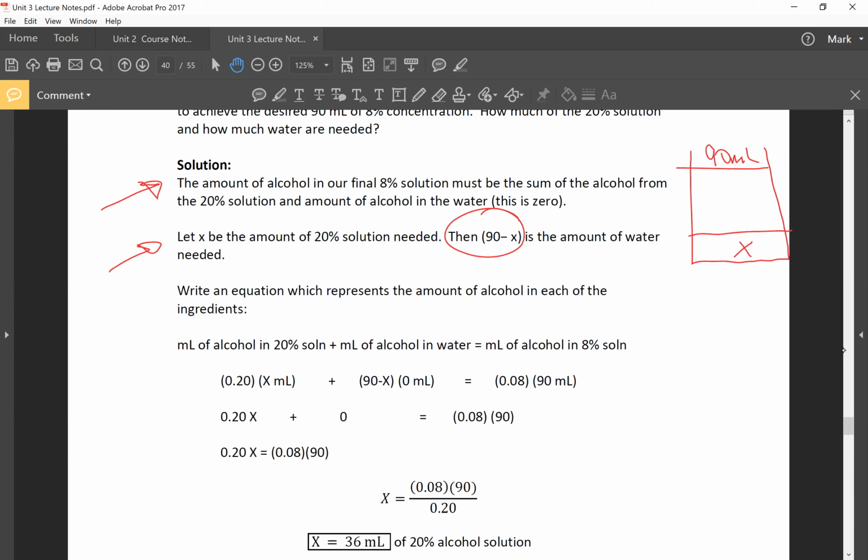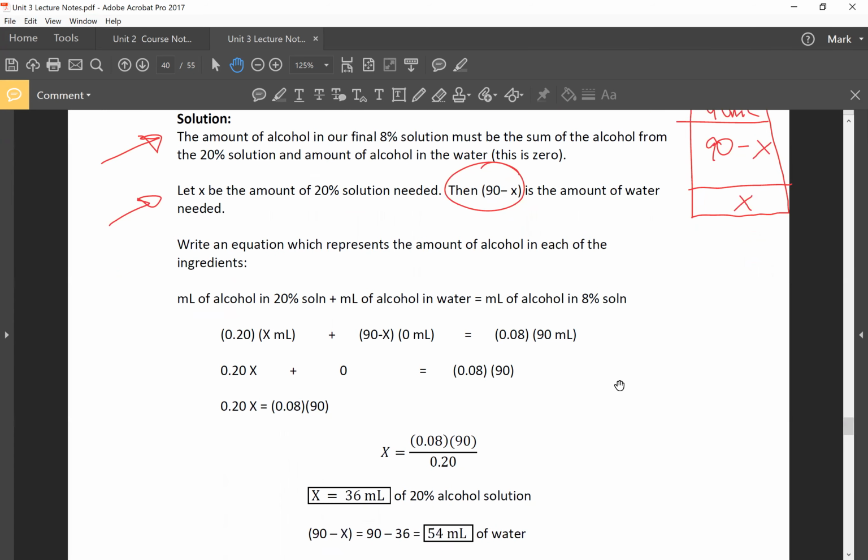We're going to let the amount of 20% be X. Sorry, my brain is not working as fast as my mouth. 90 minus X will be the amount of water needed to make that 90 milliliter solution. So X will be the amount of 20% solution, and 90 minus X is how much water we're going to add to that. A little bit challenging in the setup.